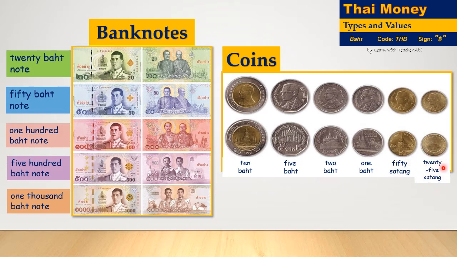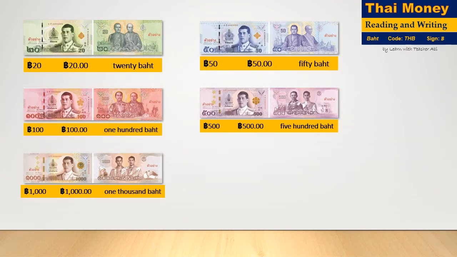Next one is 25 satang. Satang in English is centavo, but we're talking about Thai money, so we call it satang. And 25 satang has the smallest value, or worth.